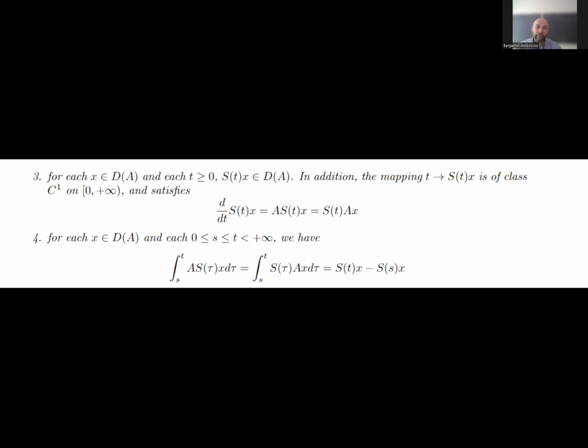So we are now finishing the proof of theorem 4, and we are going to prove point 3 and point 4 here.